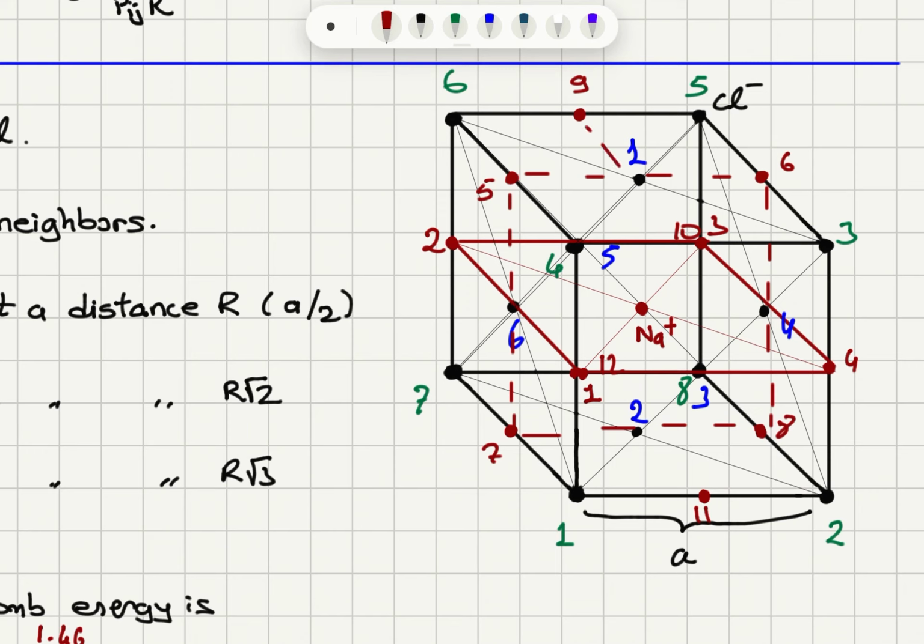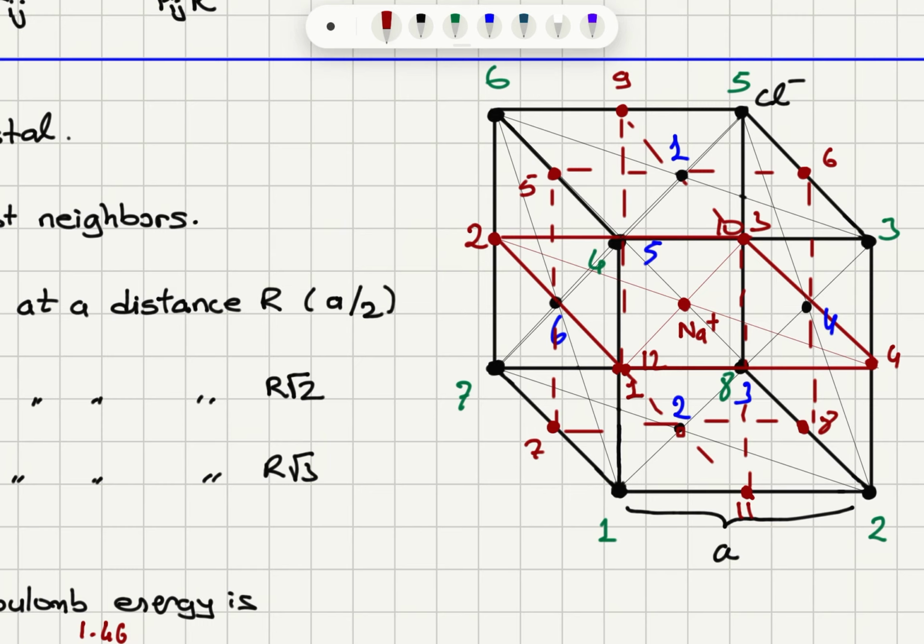So you can see that these ones will be also on the same plane with the middle sodium plus ion. So those are at a distance capital R square root 2. That's a over 2 root 2, which is capital R square root 2.